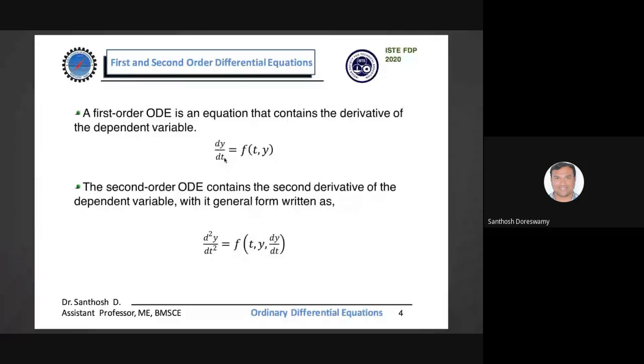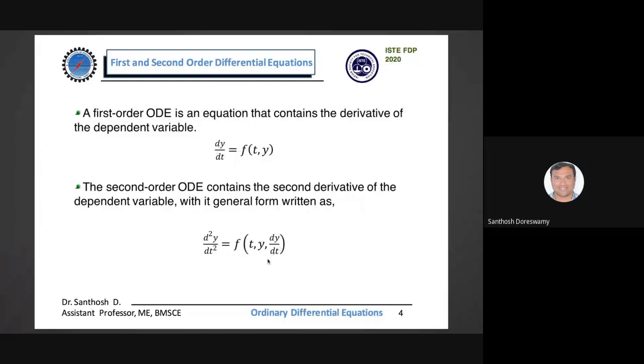Now, if you take a differential equation with a higher derivative, suppose you have the second derivative of y with respect to time, so the first derivative is differentiated again with respect to time, then you will have d square y by dt square. And this second derivative is now a function of not only t comma y, but also the first derivative.